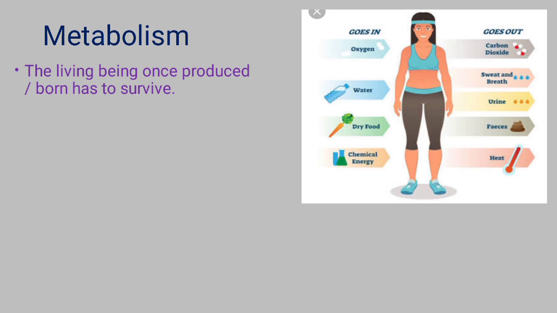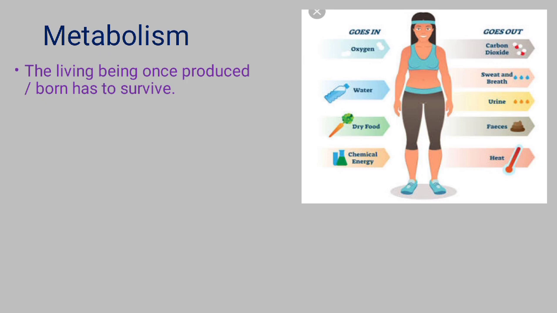For surviving in the habitat or in the surrounding, they have to eat something, to sustain in that habitat. Every living organism eats something. Whatever we eat, that is metabolized in our body.